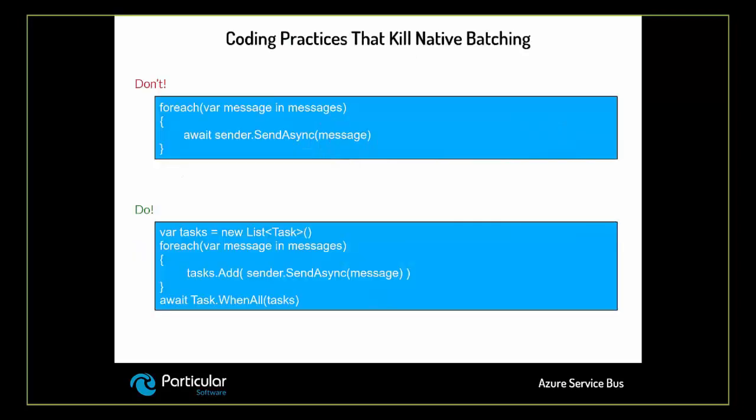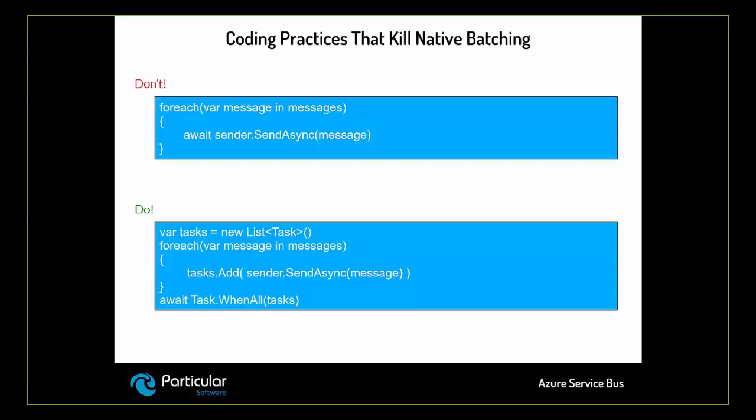Now, if we go back to the code that we used, one of the good coding practices, as I said, is rather than having multiple messages sent one by one and awaiting for completion of the sending operation, it is much better to take advantage of the async nature of the Azure Service Bus client, group all the send tasks, all the send operations, and then await for the whole group of these tasks. This significantly improves your performance. Now, the last but not the least is prefetching.